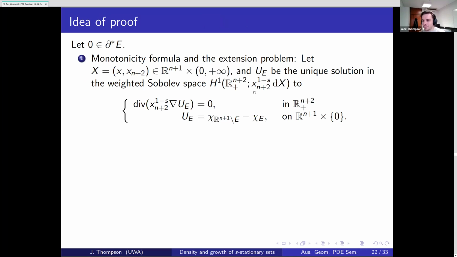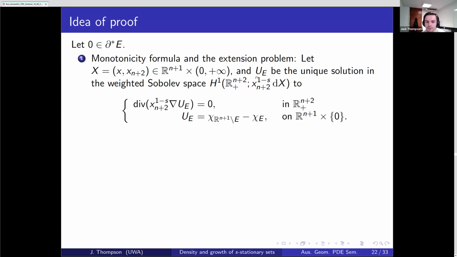So how one obtains the monotonicity formula is through the so-called extension problem. So what we do is we consider a point now in R^(n+2). So this is why it's called the extension problem, because I have R^(n+1), and then I extend in one more dimension.